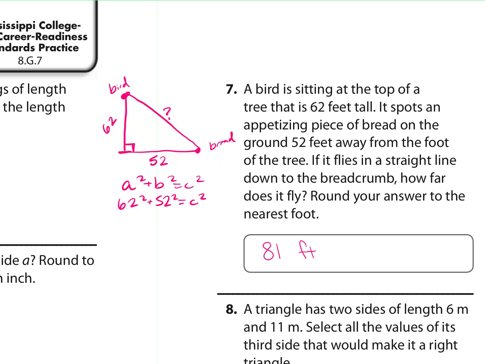That value is 6,548 equals c squared. And then to get c by itself, we'll square root both sides. We get c is 80.91... And it does round to 81. So 81 feet.